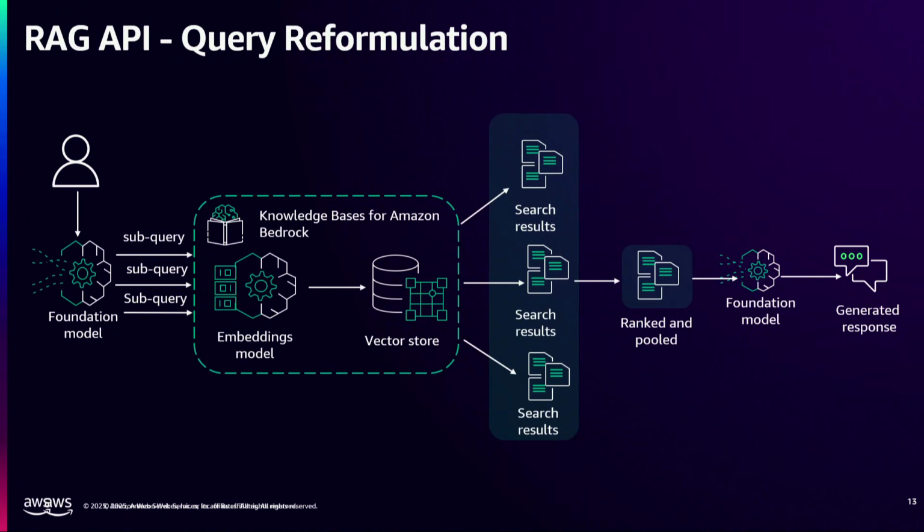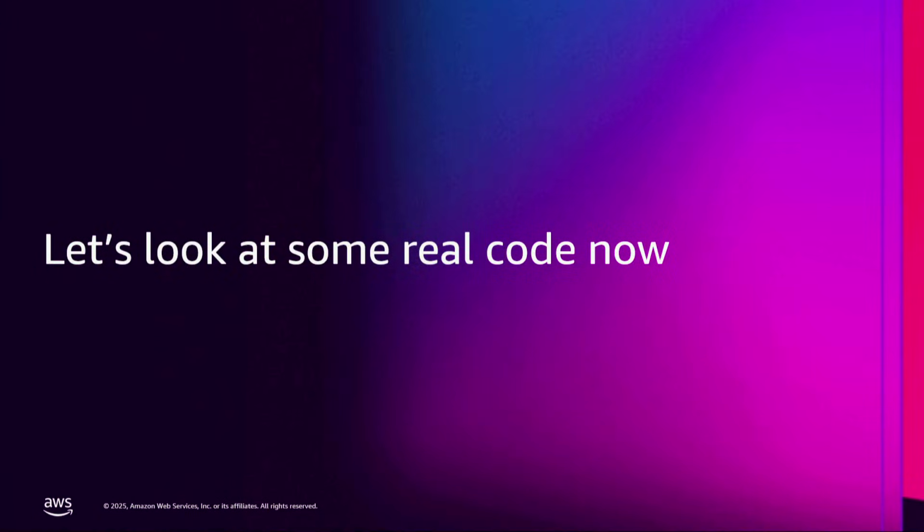It will collect the relevant context or chunks from the vector store, and then it is going to rank and pool the right response. So this is where query reformulation comes into the picture, and Amazon Bedrock Knowledge Bases does have a feature where you can configure this particular orchestration and get started with it. Having said that, we are going to go to the code.